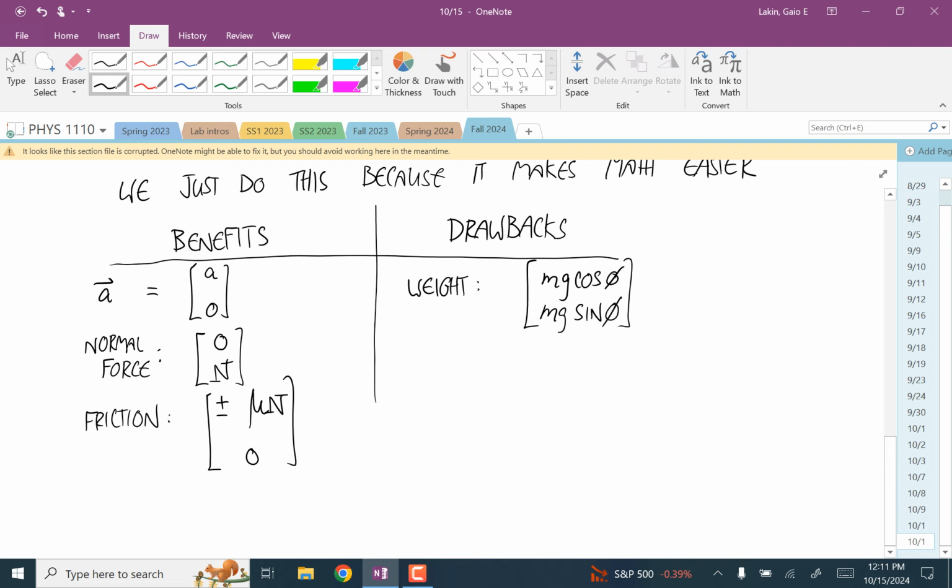Okay. So these are all simpler in the rotated coordinate system. This one is messier in the rotated coordinate system.